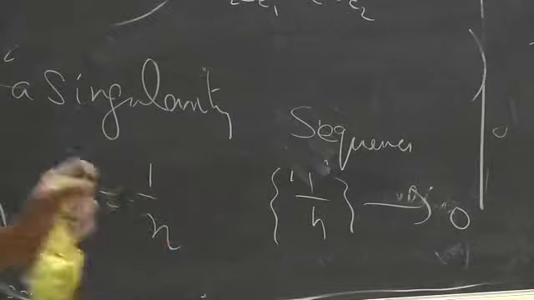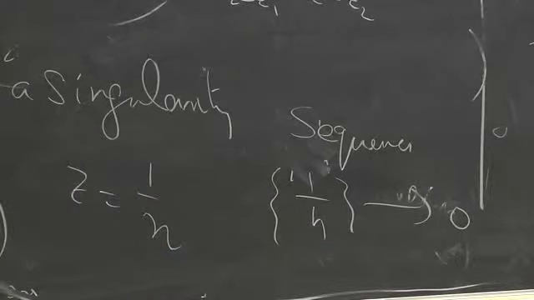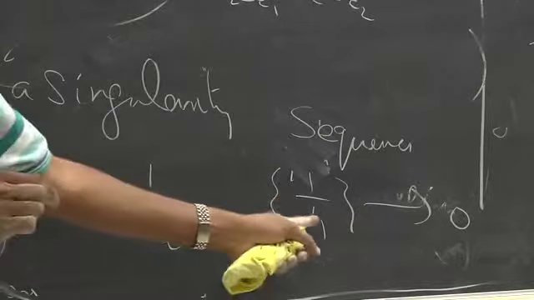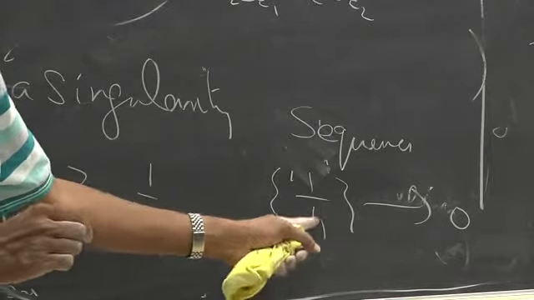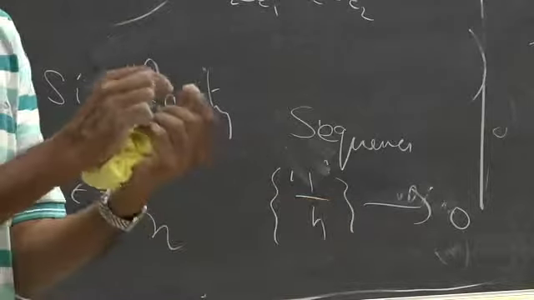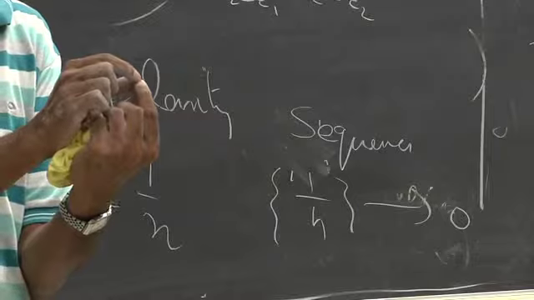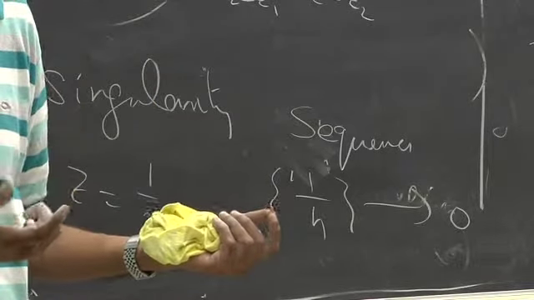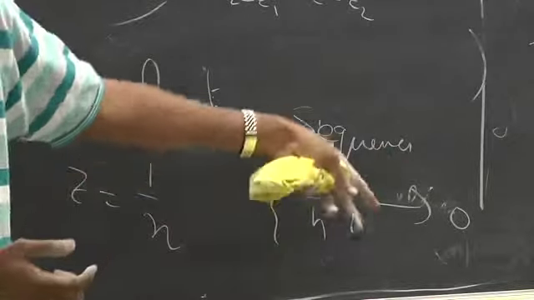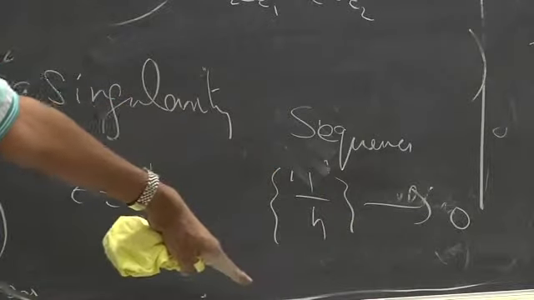So for any epsilon, you can always find an element of the sequence inside the distance epsilon from 0, right? So therefore 0 is not an isolated point. I'm saying that this is a counterexample. This is not an isolated singularity.